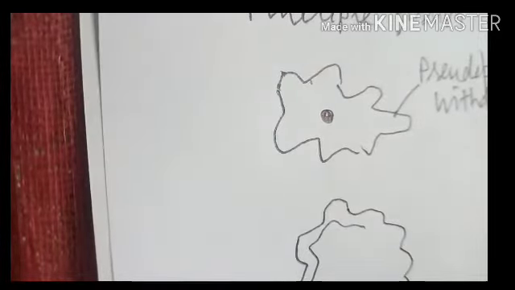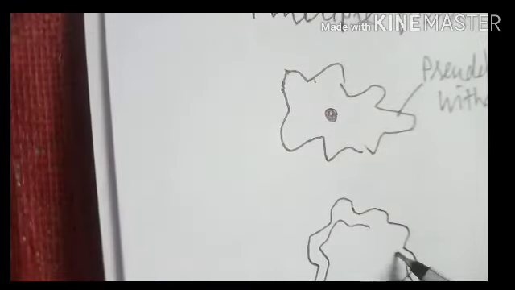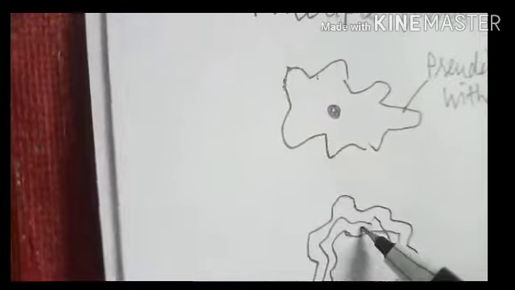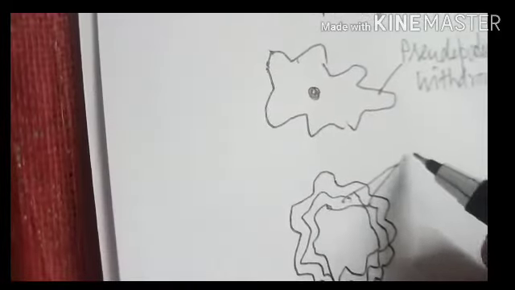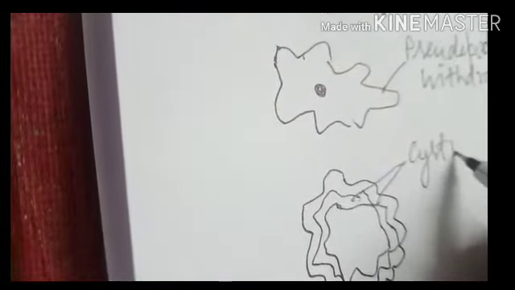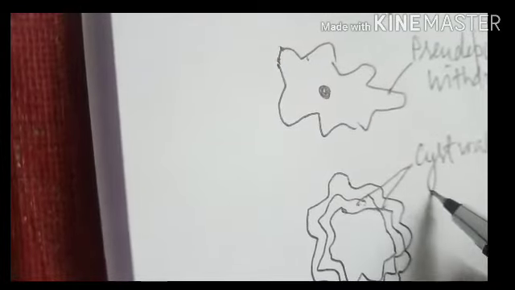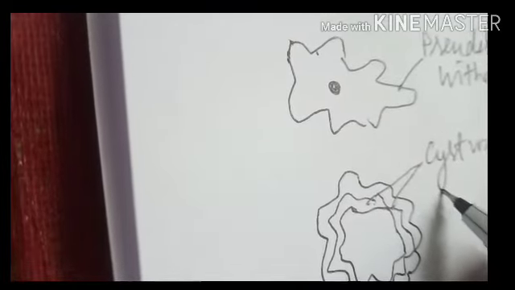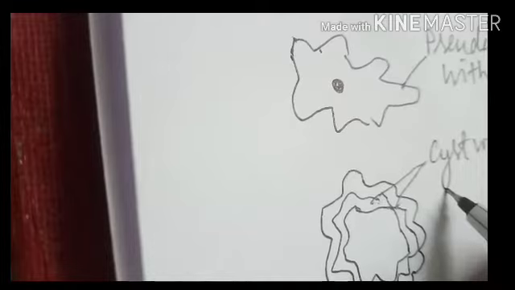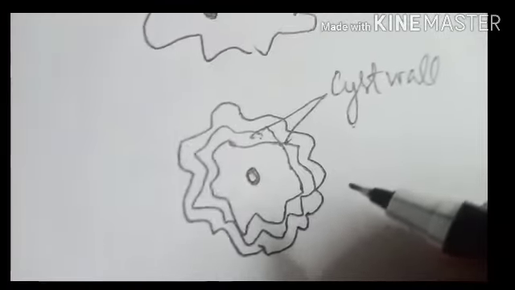That wall consists of three layers. This is a cyst wall. This cyst wall is secreted by this amoeba. This protects the amoeba during unfavorable conditions.